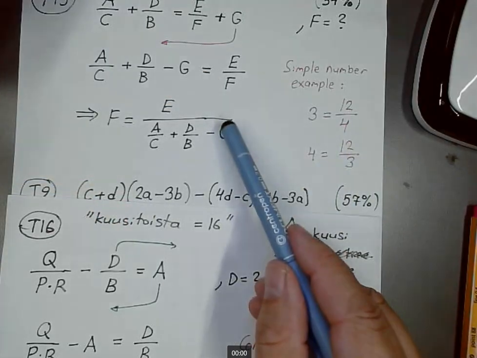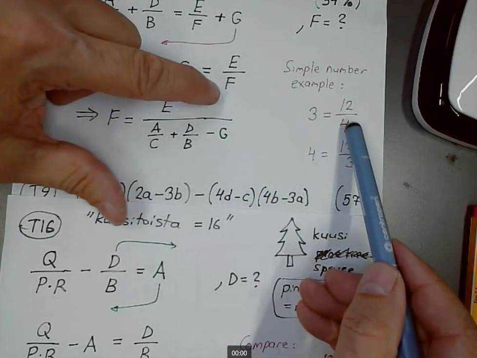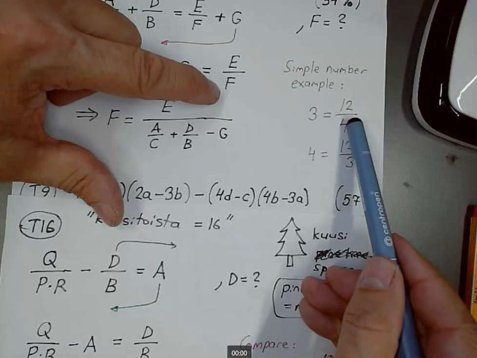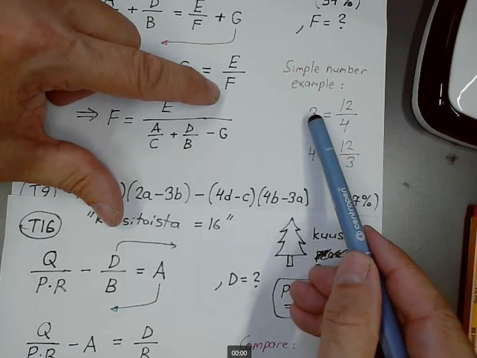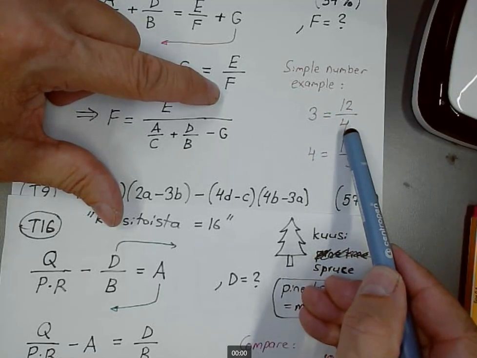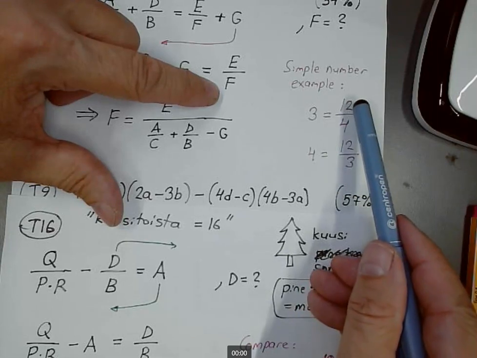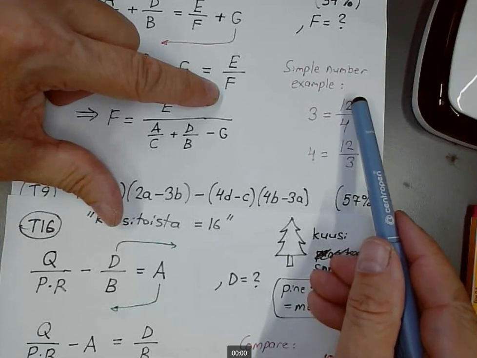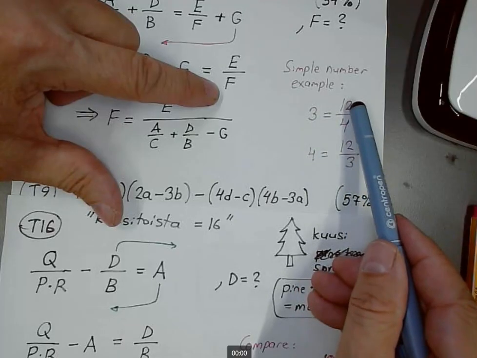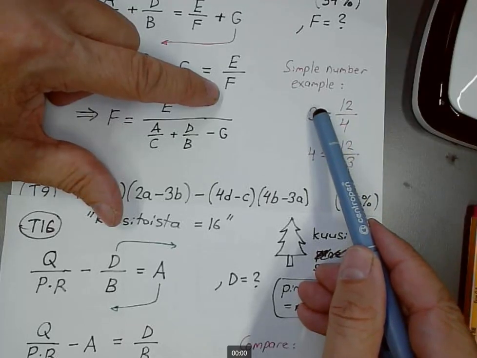In this problem, we have to think what should be done with 12 and 3 to get 4, and we notice that we have to divide them. 12 divided by 3.